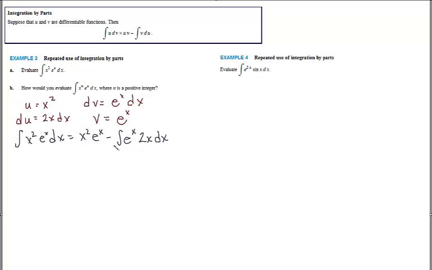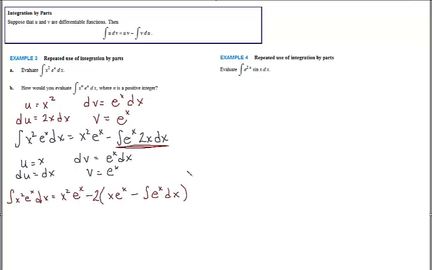What I'll need to do is just do integration by parts again, in which case I'm going to pop that 2 out front and just let u equal x, du is going to equal dx, dv is going to equal e to the x dx, and v is going to be e to the x, and then I'm going to throw that into the equation and change pen color.